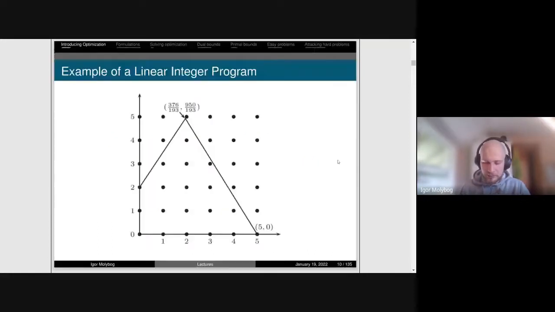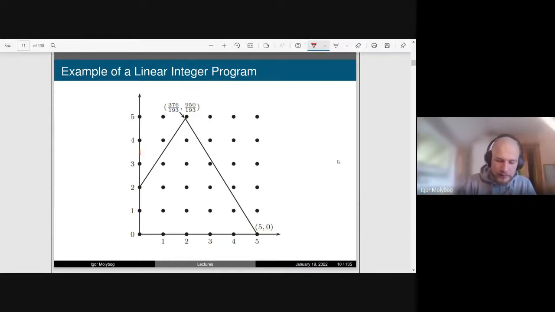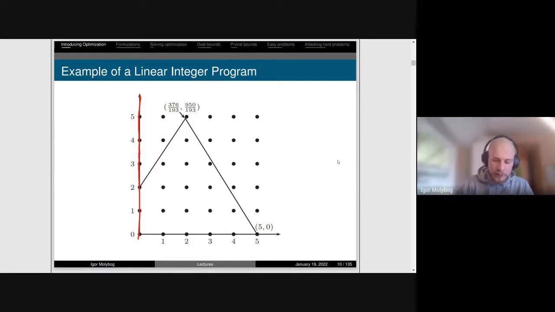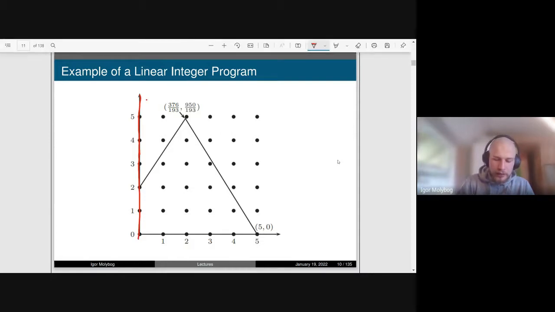in this example? If we draw the feasible set, this is what we're going to get. So this is the line x1 is equal to 0. Everything to the right hand side of this line is going to be inside our feasible set.